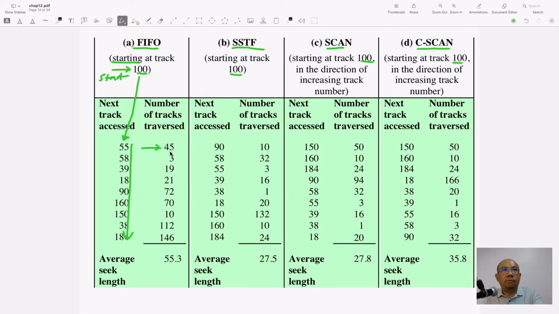That comes from 100 minus 55, which is 45. And the next step, the head moves from location 55 to 58, that passes 3.